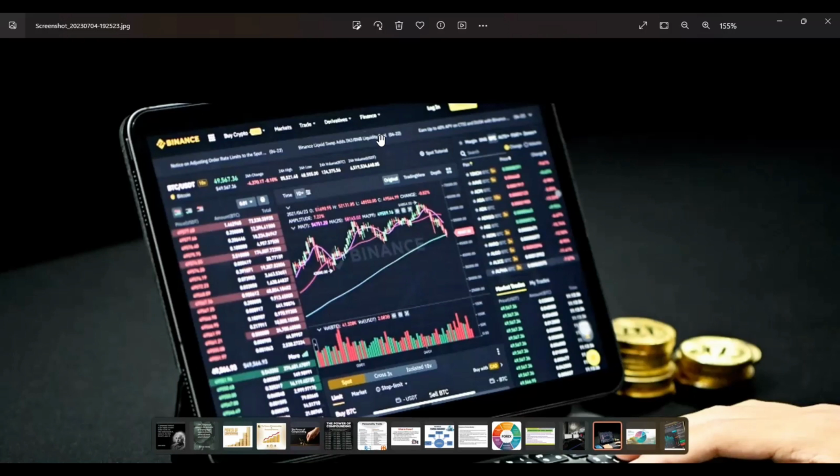The overview has been on the platform, so you can always go back to it.